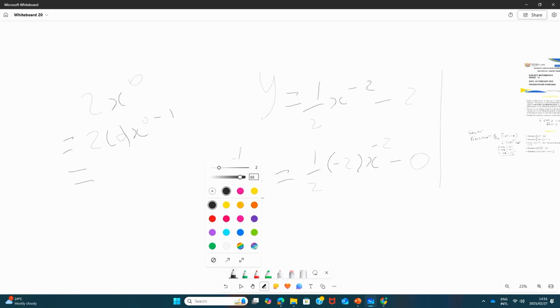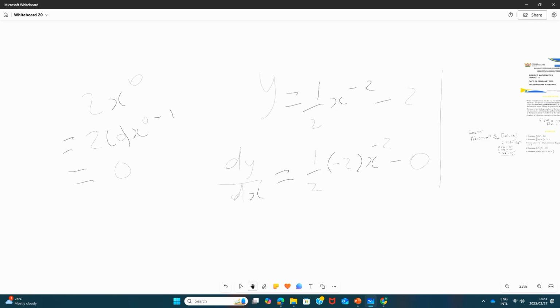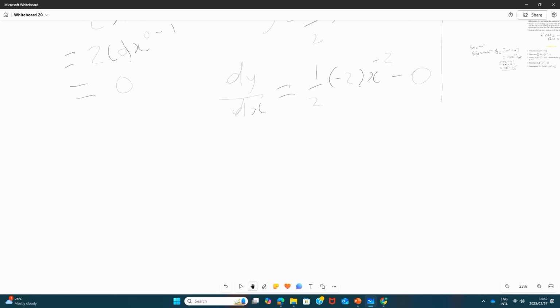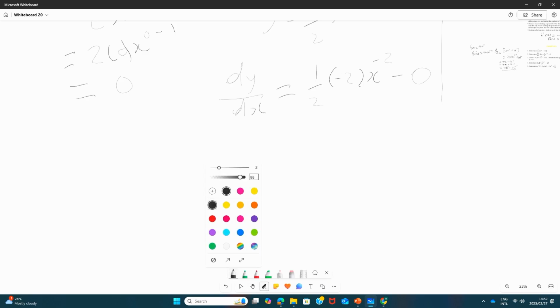And remember that anything that is multiplied by 0 is 0. So 2 times 0, x to the power 0 minus 1, will be equal to 0. That's why we're saying now the derivative of this function is a 0. Derivative of 2 is a 0. Derivative of a constant is 0.